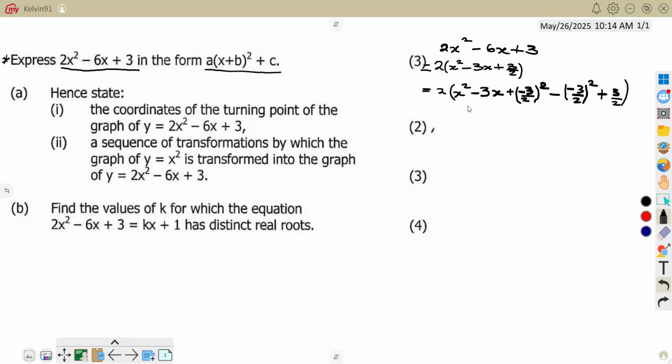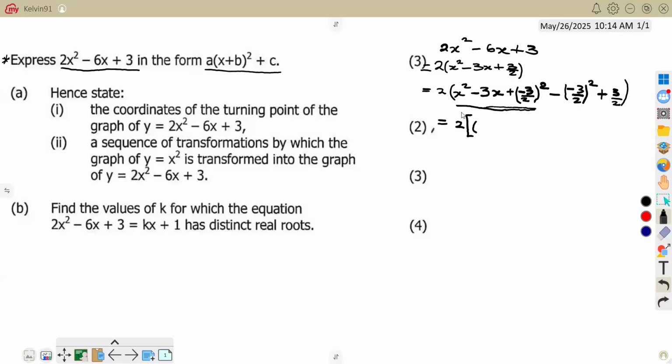If we check this part, it's now a perfect square. So this becomes 2, open a bigger bracket.